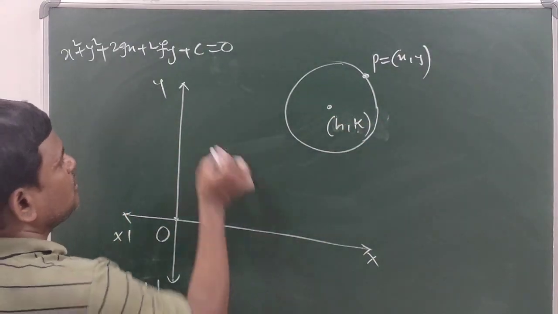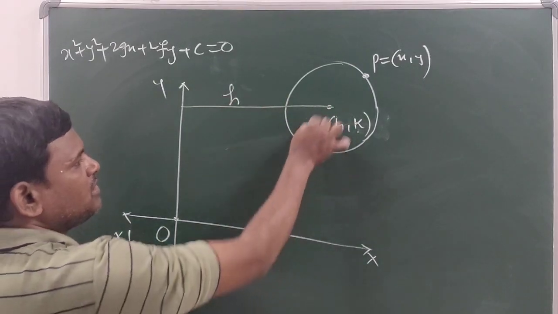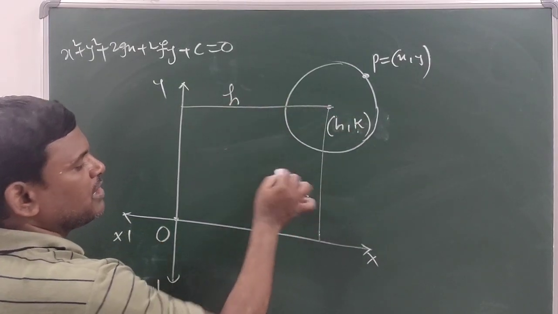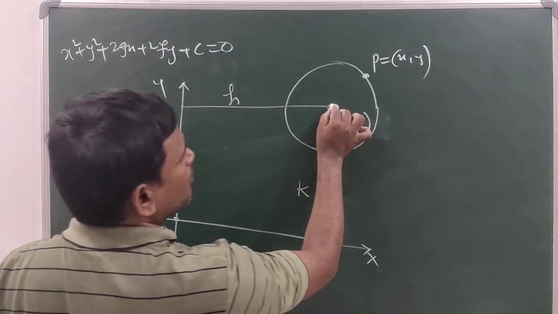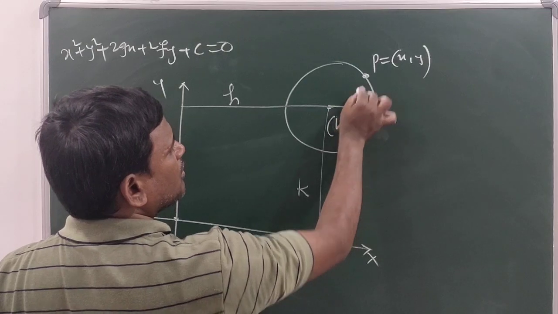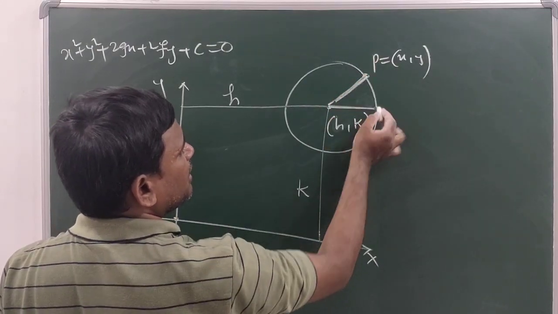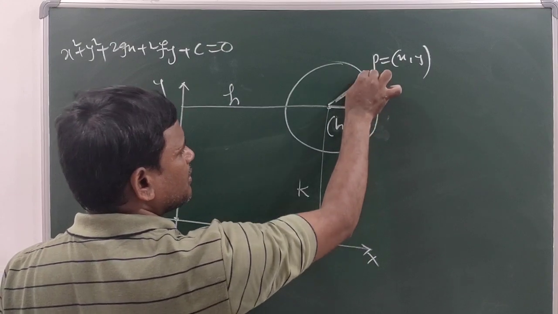The distance from here to here is h, the distance from here to here is k. Now what is this? Radius of the circle, R. So radius from here to here, and drop a perpendicular.